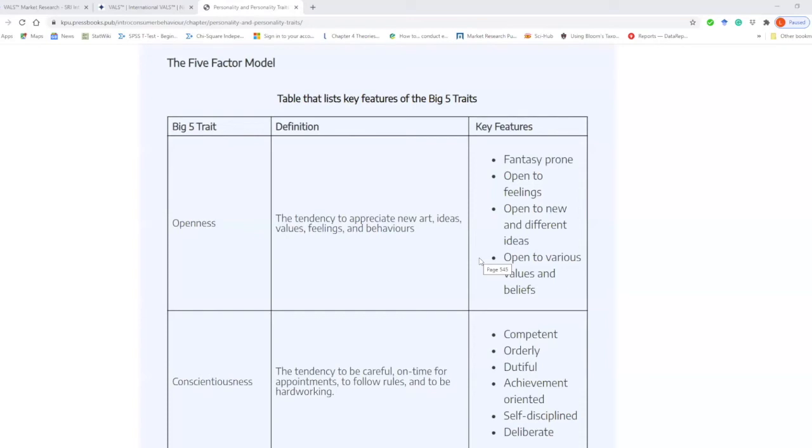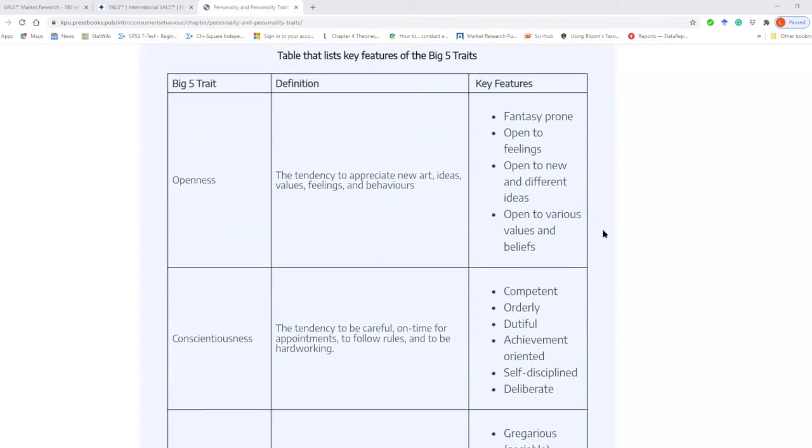Yes, we can. So when it comes to openness, this particular consumer is said to have the tendency to appreciate new art, new ideas, values, feelings, and behaviors, right? So that means that such a consumer is open to new things, isn't it? So if you are selling to this particular consumer, you do not have to think too much, because they are open to new ideas.